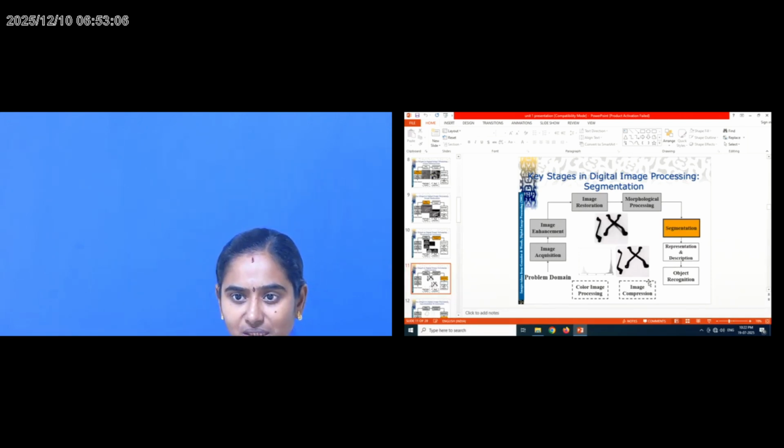To split up a particular portion of the image is called segmentation. Segmentation helps in the medical field, agriculture, or any other field. Based on segmentation, we identify the affected tissues and affected areas of the given images.